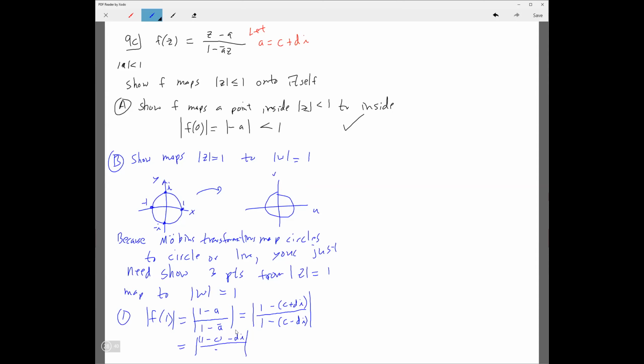And the denominator is going to be 1 minus c plus di, right? And then the modulus splits up like this, so the modulus of a quotient is equal to the quotient of the moduluses.